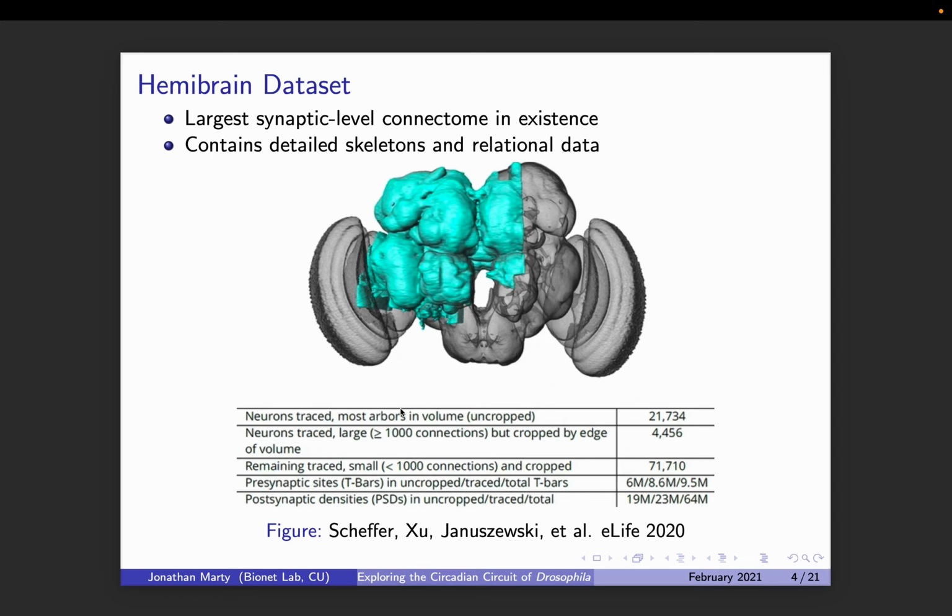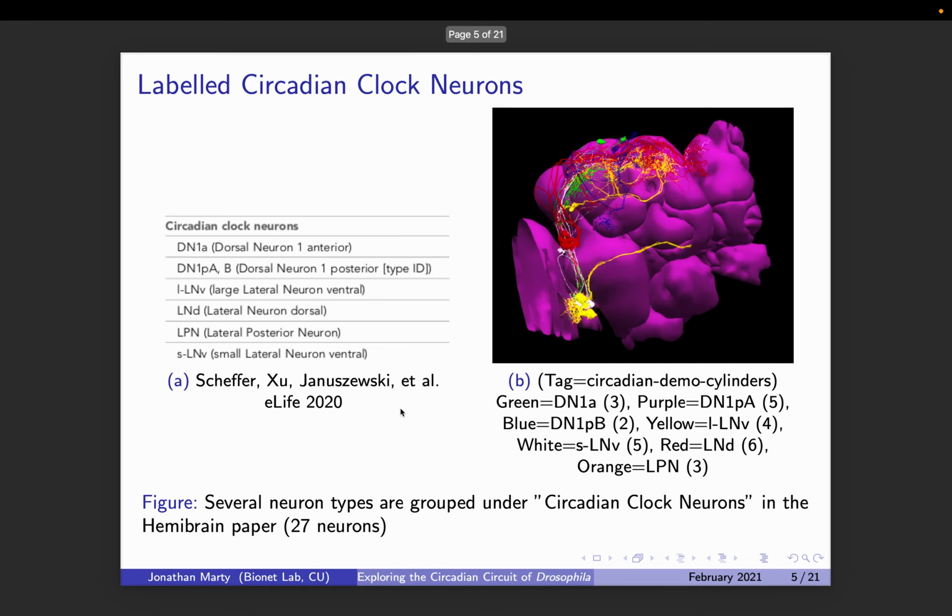And so, for the study, we're hoping to use this data as a basis to understand the functionality of the circadian clock. Here we've gone through the paper that they released with this HemiBrain dataset, and they actually went through and labeled a good number of the circadian clock neurons.